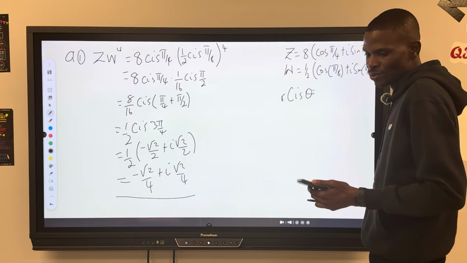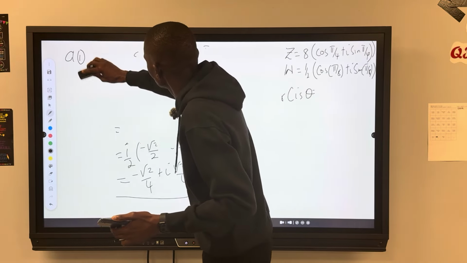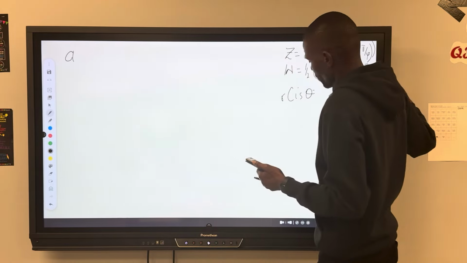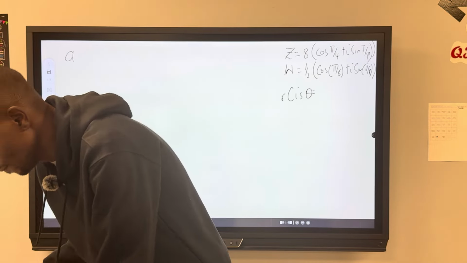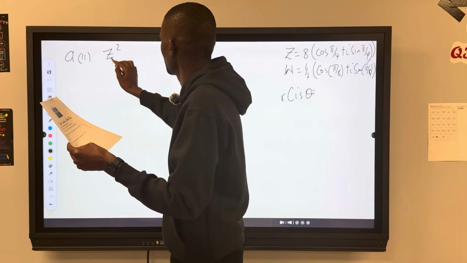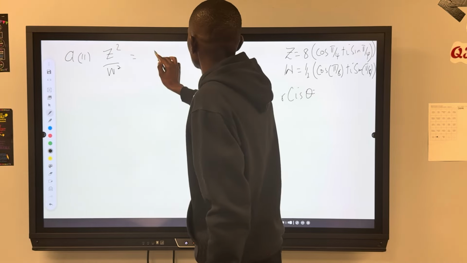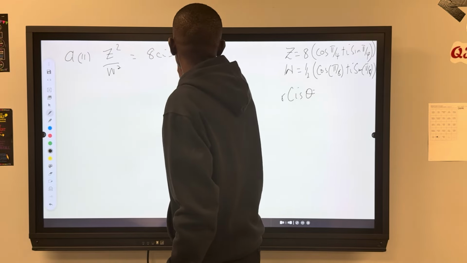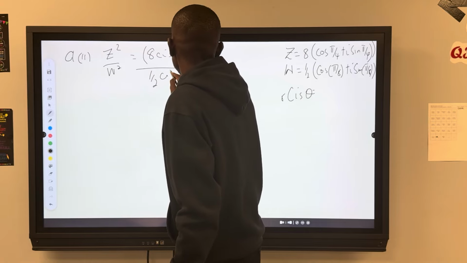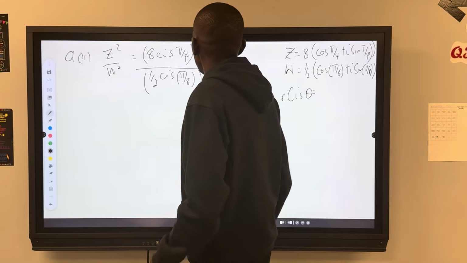Now we need to move on to the other part, which is item 2. On item 2, we are requested to write z squared over w squared. Again, my z is 8 cis pi over 4 to the 2nd power, over 1/2 cis pi over 8 to the 2nd power again.